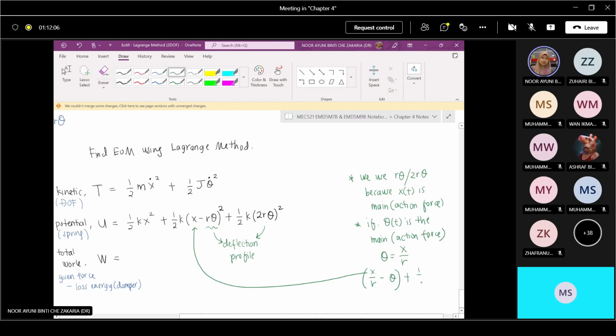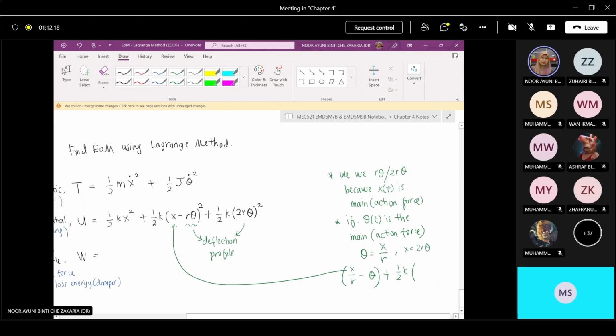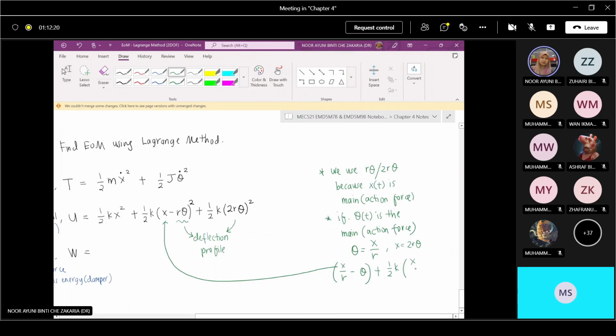Or 1/2, contoh ya, you are going to have x equal to arc theta, then you will have x over 2 arc, that is square. This is if theta is the last motion.